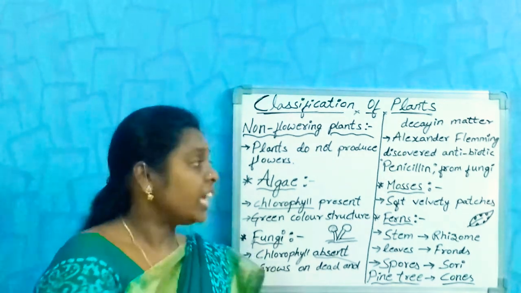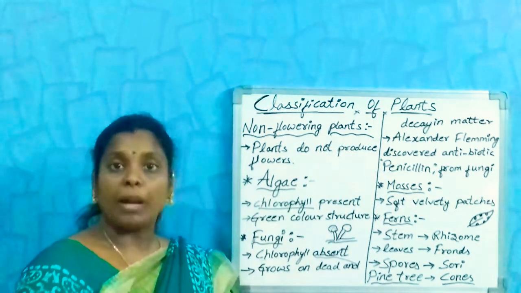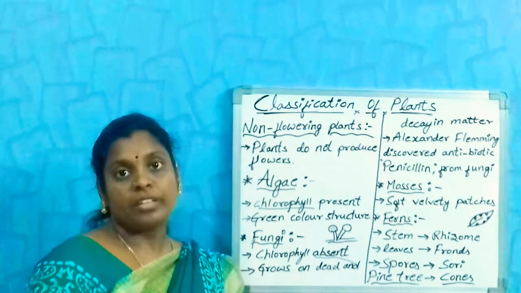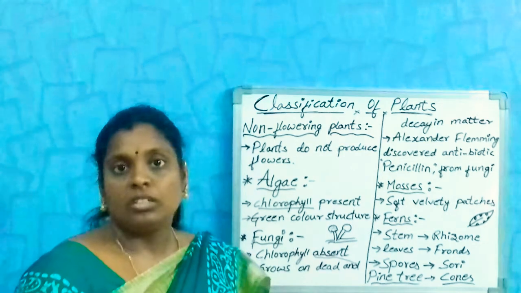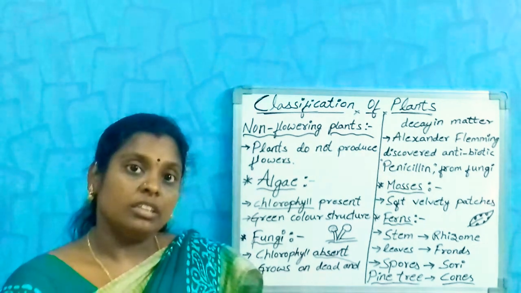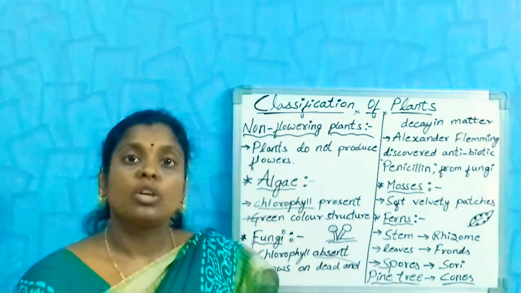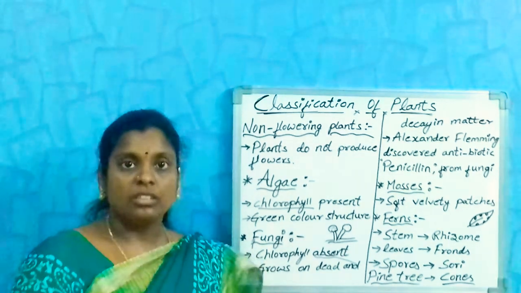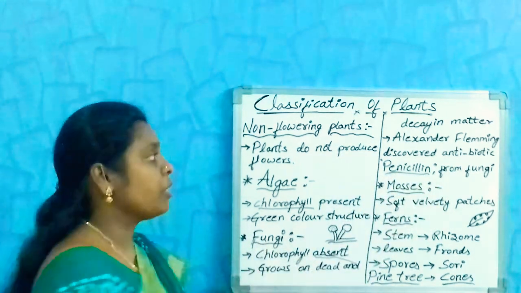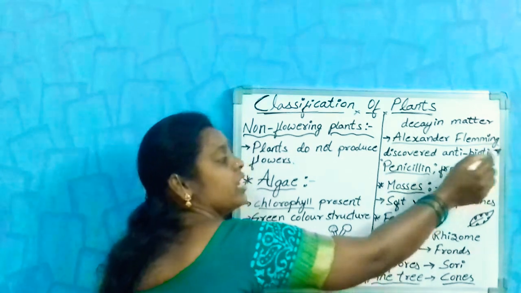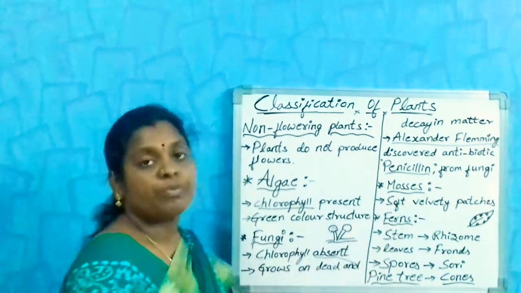He collected that chemical substance from the fungi and injected it into a human being. So this injection is called an antibiotic and is used to cure some diseases. So this is the first antibiotic discovered by the scientist Alexander Fleming. So it's an important one.